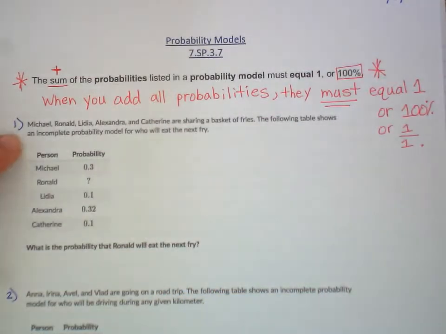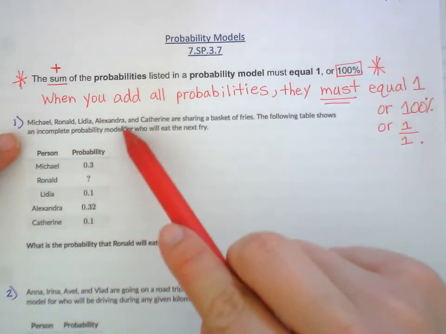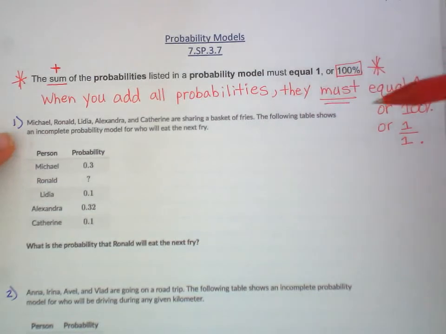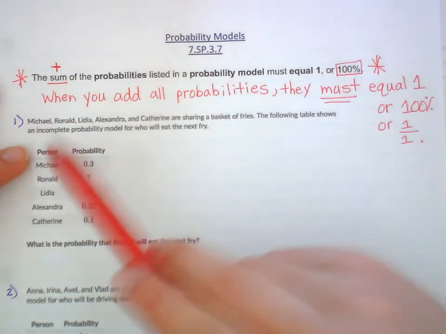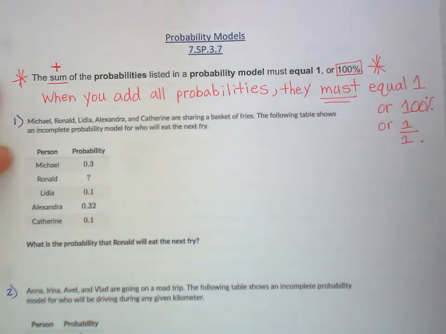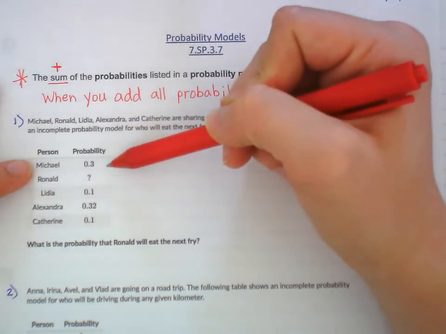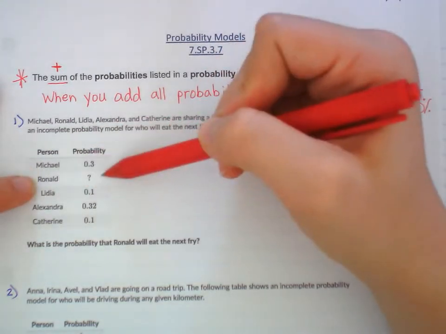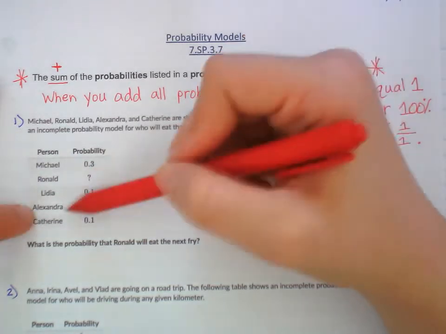So, example 1. Michael, Ronald, Lydia, Alexandra, and Catherine are sharing a basket of fries. The following table shows an incomplete probability model for who will eat the next fry. So, Michael, 0.3. Ronald, we don't know. Lydia, 0.1.